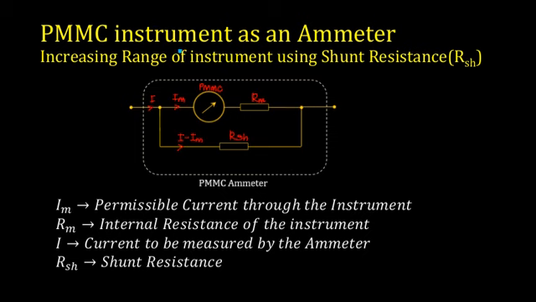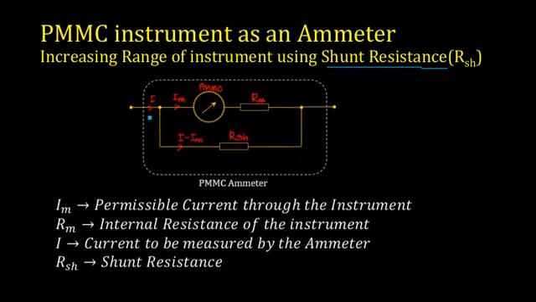While a PMMC instrument is used as an ammeter, you need to send some extra current through some other mechanism, which is known as the shunt resistance. Here you can see that IM is the permissible current through the instrument, RM is the internal resistance of the instrument. Now you are providing a shunt resistance which is of a lower value.